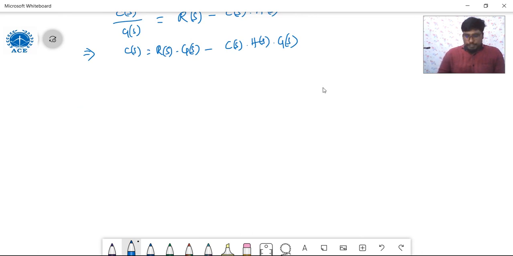Right, so minimize this one. C(s) plus this term, I'm taking this to the left side, so C(s) plus H(s) into G(s) is equal to R(s) into G(s).